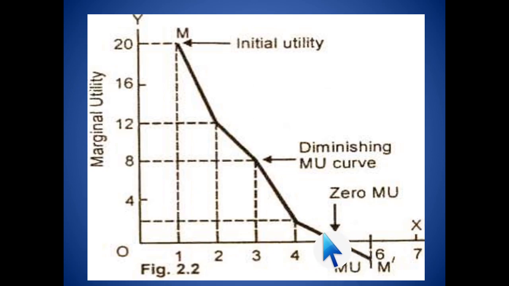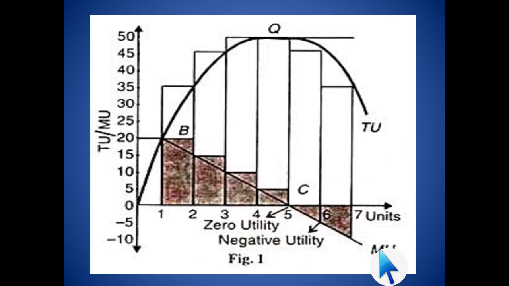At the fifth glass it got 0. That indicates we should not consume more water now. If we consume more, marginal utility will be negative, which will provide dissatisfaction.